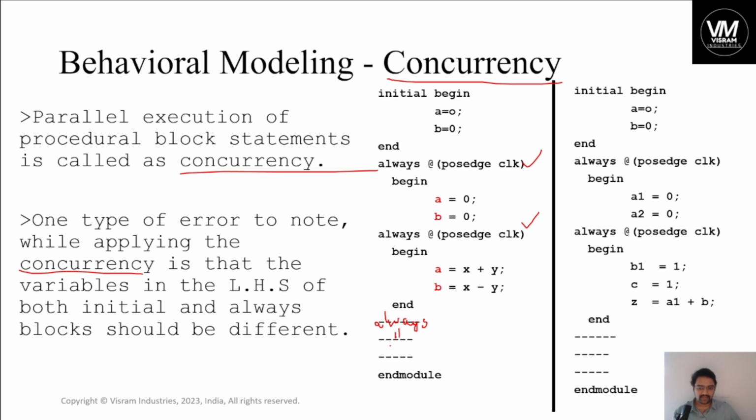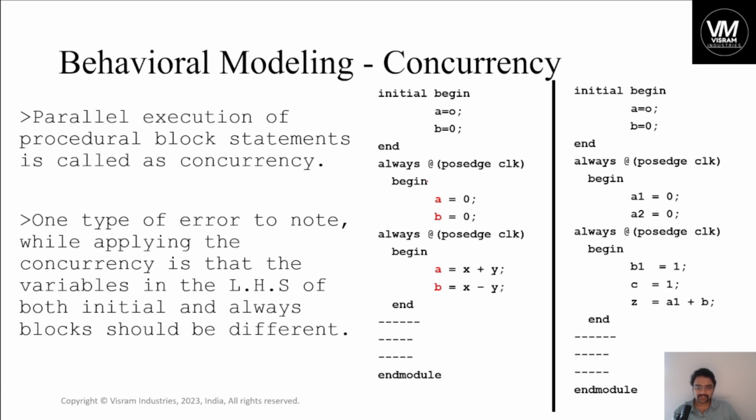You can have many always blocks and one initial block. The initial block is executed only once, but an always block can be executed several times.